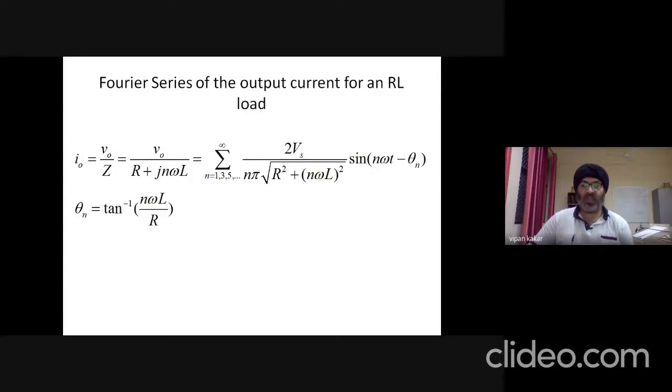In previous case, only R component was there. Now in this case, in RL load, we have another imaginary component, which is n omega L. So just by following the same concept as we followed in resistive load, we can find out the harmonic components for voltage as well as the current.